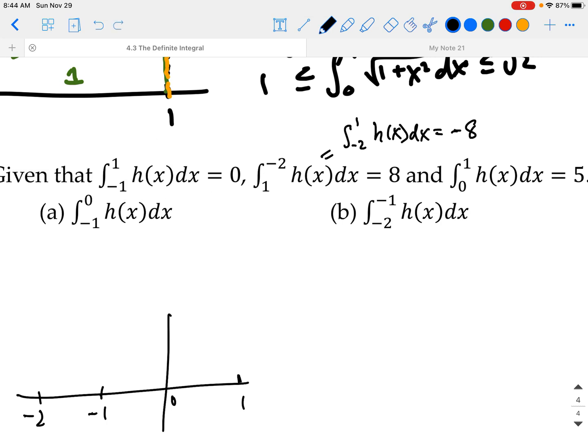We know that that is 0. But we don't know which side is positive, which side is negative. But if we look over here, we can see that 0 to 1 is 5. So from 0 to 1, the area here is 5, which means if the integral from negative 1 to 1 of h of x is equal to 0, we know that this area is going to have to be negative.